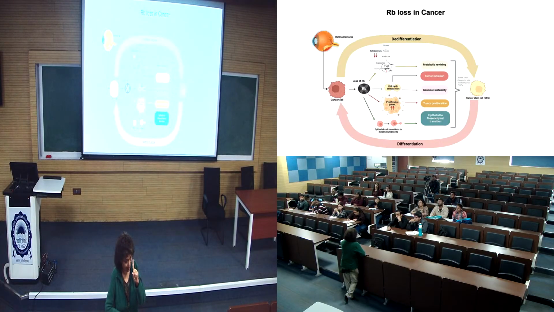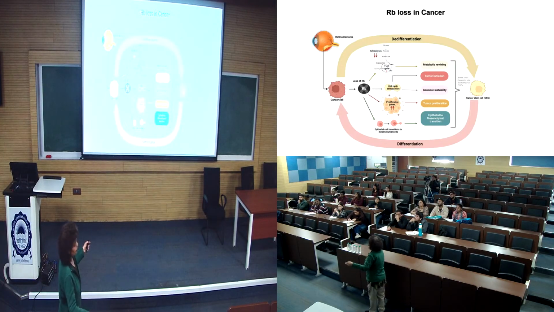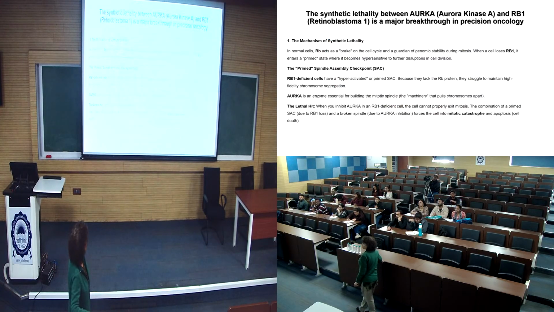Actually, one cell lives, just one cell. That one cell is the cancer stem cell, and it can form a whole tumor again, a very aggressive tumor. So cancer stem cells are very bad. If retinoblastoma protein is lost, it leads to cancer stem cell formation.